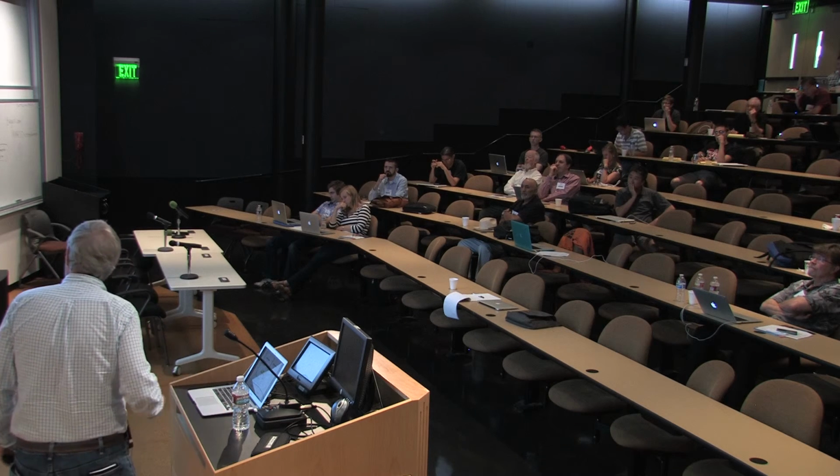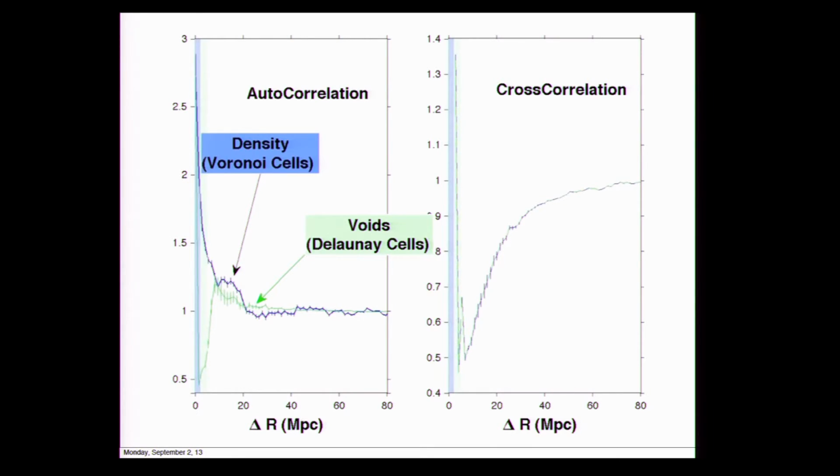And another thing you can do, independent of the construction of voids, you can calculate autocorrelation and cross-correlation functions directly from the cells without doing any binning in the spatial coordinate.